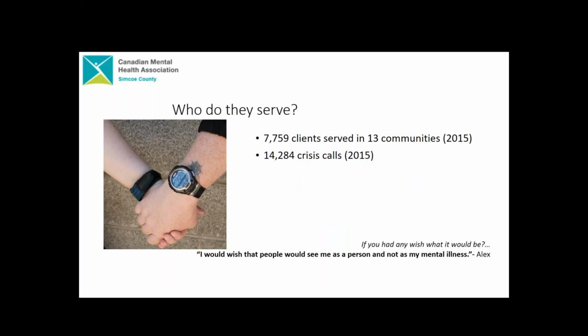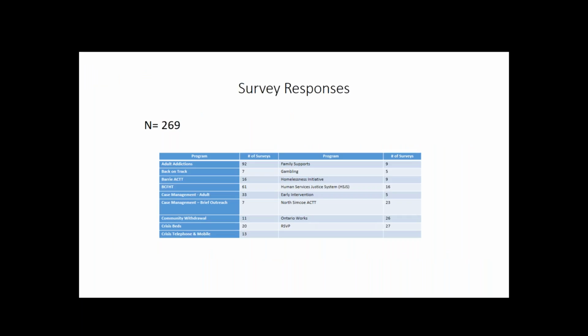So a very broad range of services at this branch. In 2015, so this is a little bit older, we served almost 8,000 different clients through the agency and responded to over 14,000 crisis calls. So the demand and volume of service in our region is quite high.